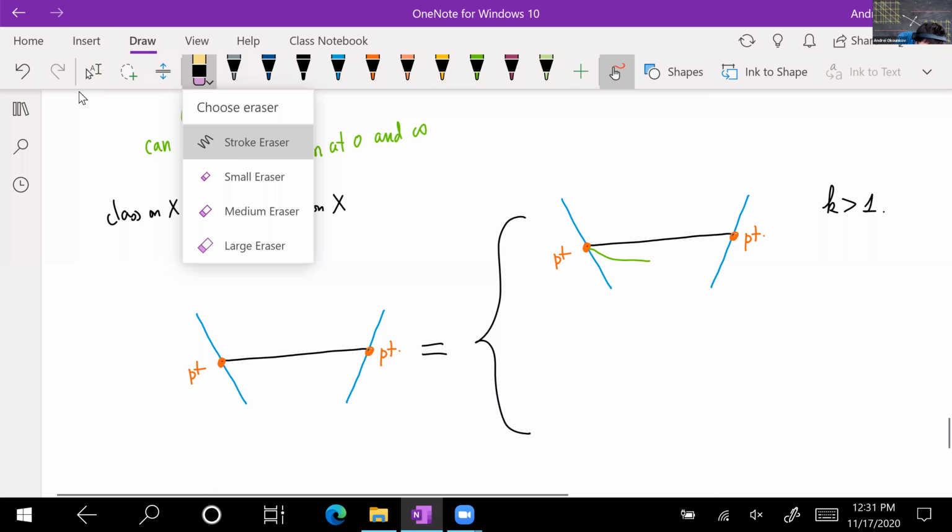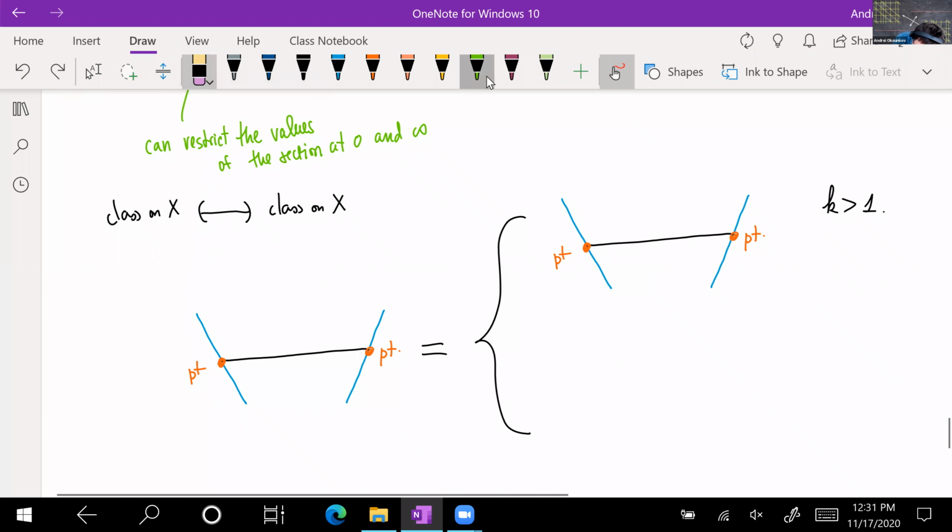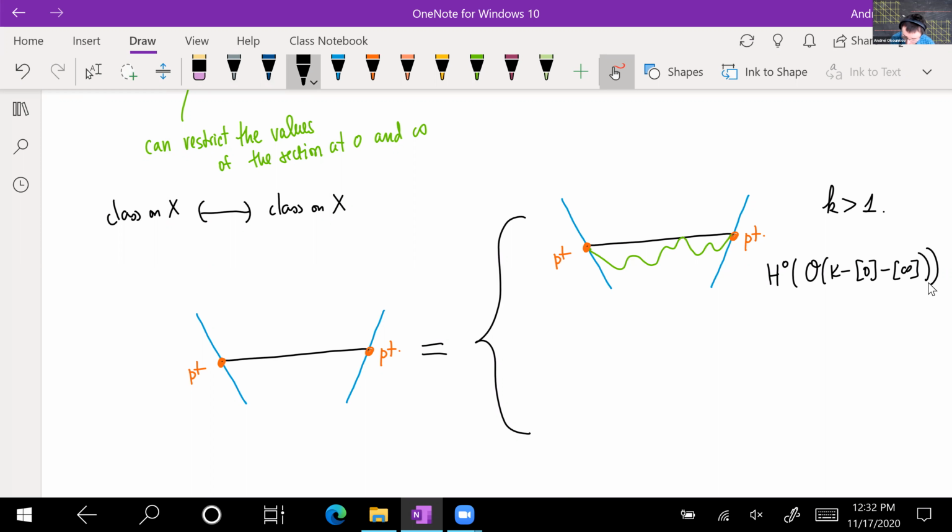So I can choose an arbitrary polynomial that vanishes at 0 and infinity. Here I get sections of O of K minus 0 minus infinity. There is a K minus one dimensional space, which is still not proper.